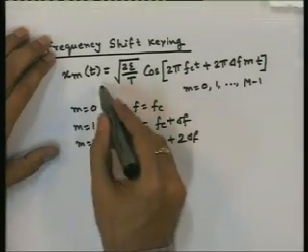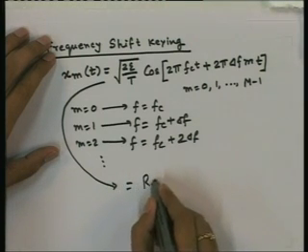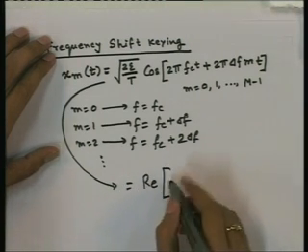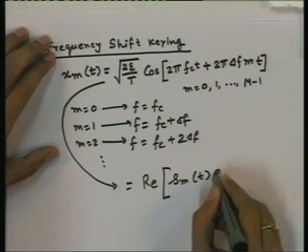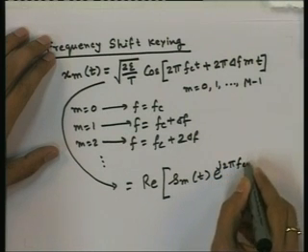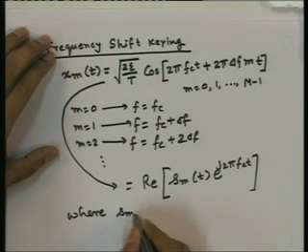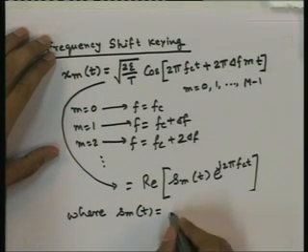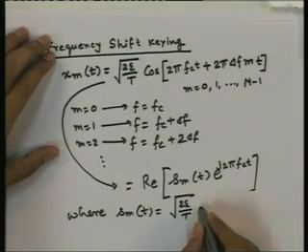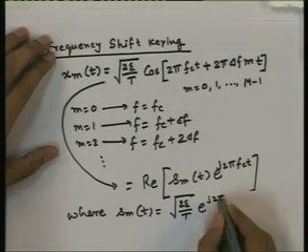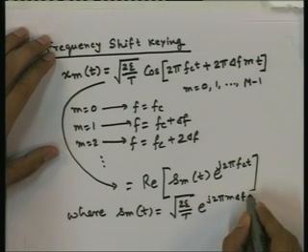So this signal can now be written also as real part of, this is the low pass representation, Sm t e to the power j 2 pi fc t, where Sm t is root over 2E by T, this factor, and e to the power j 2 pi m delta f t.